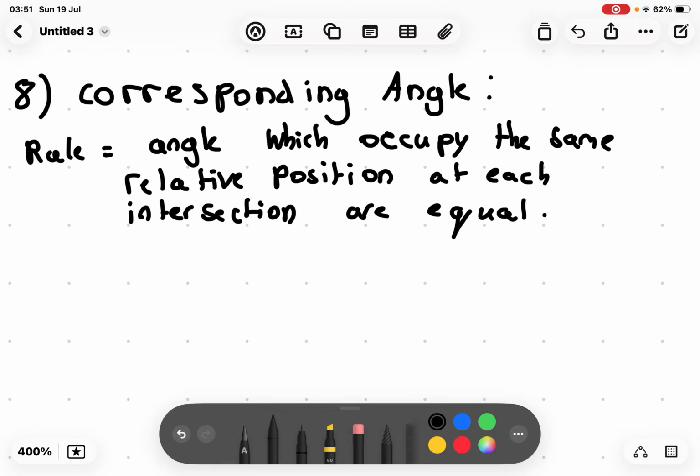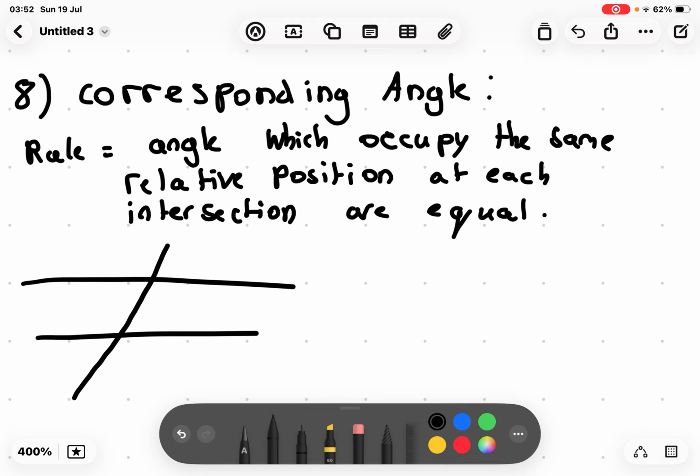So corresponding angles, the rule is angles which occupy the same relative position at the same intersection are equal. So what I mean by this is, again, we do these two lines and A, B, C, D, E, F, G, H. So A and E are equal.